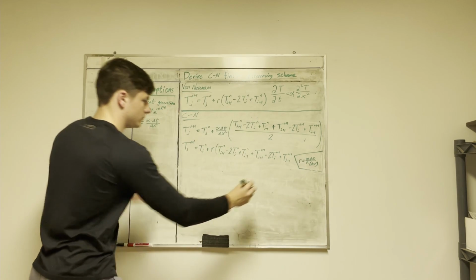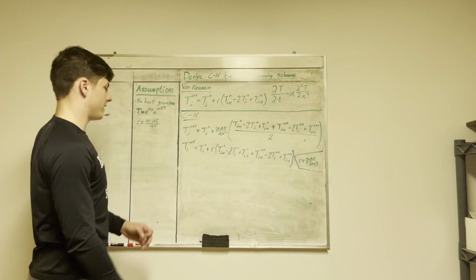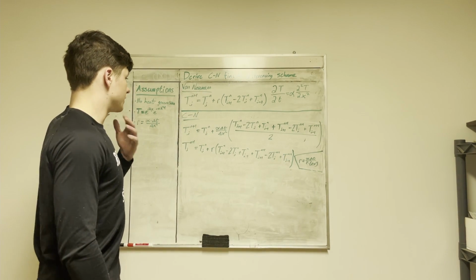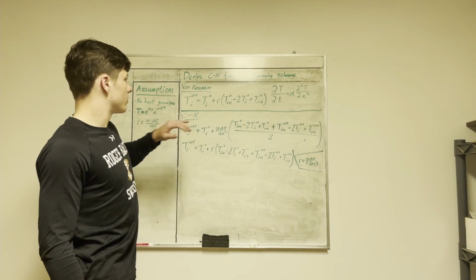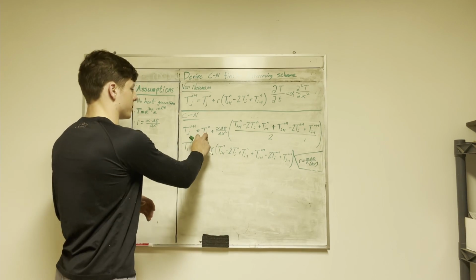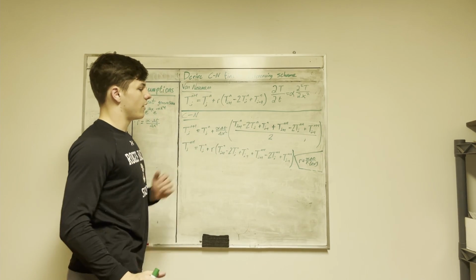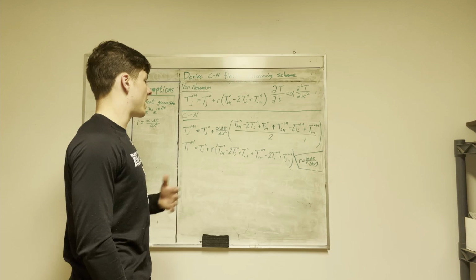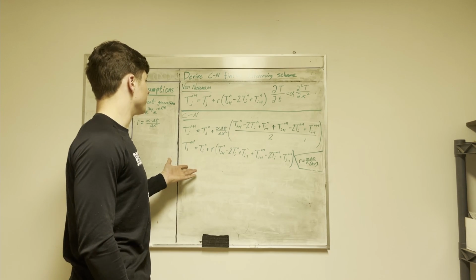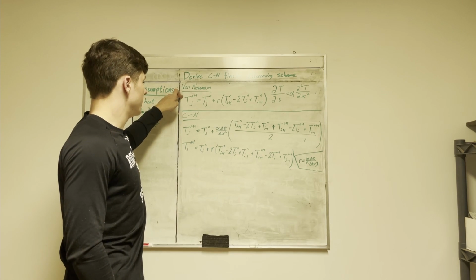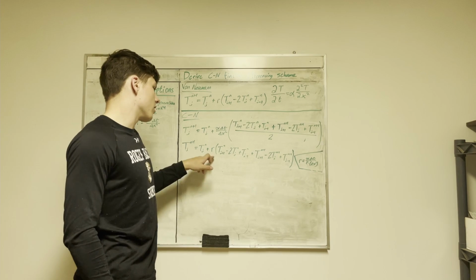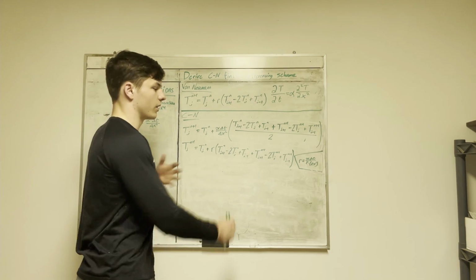All right, so now we have that, and so we've derived the Crank-Nicholson finite differencing scheme right up here. That's what this is. But now what we're going to do is show why this is better in some instances than the von Neumann. It's a little harder to calculate, but our R value is going to have no constraints, and that's what we're going to be doing right now.